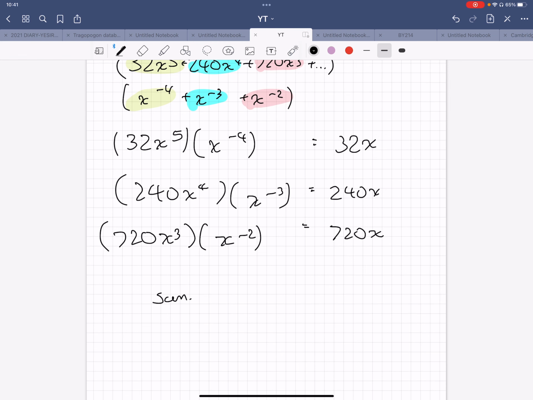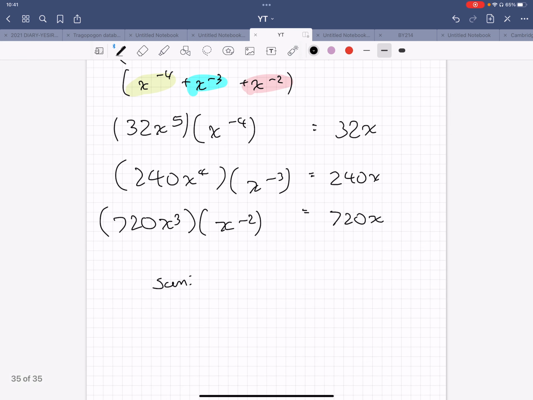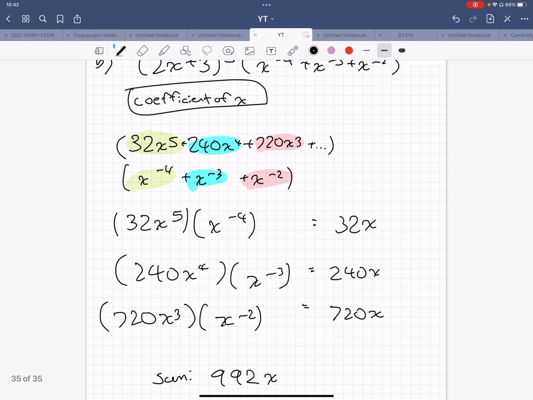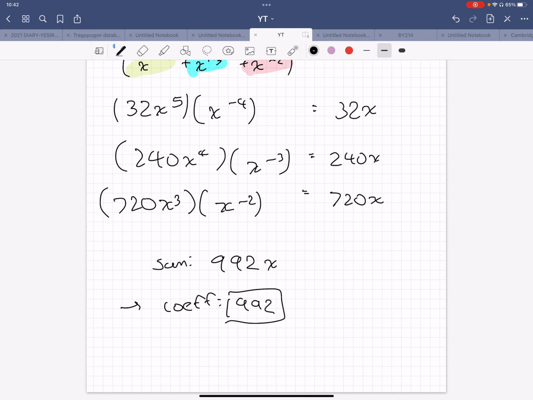So the sum is 992x. So the coefficient is 992. You don't really need to include this last step. They'll basically say, hey, accept 992x. But I guess this would be a final answer.